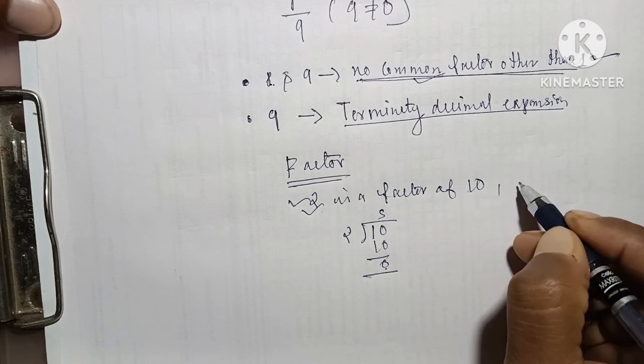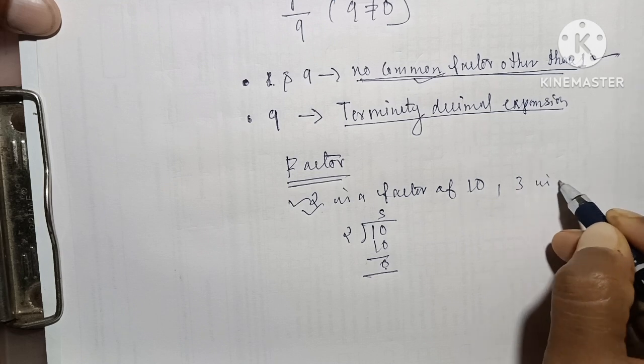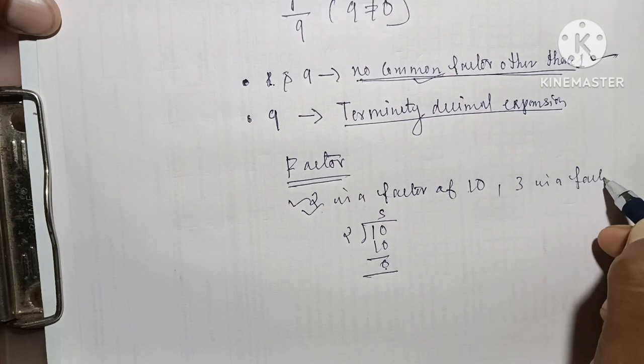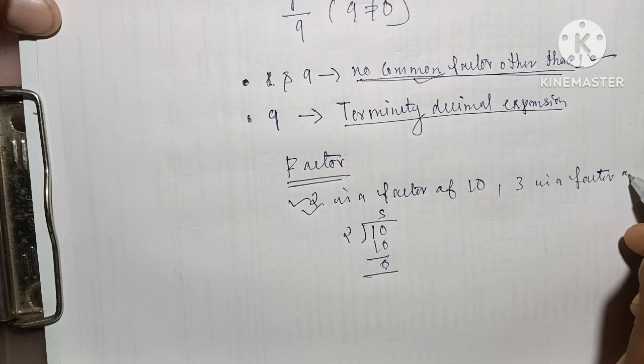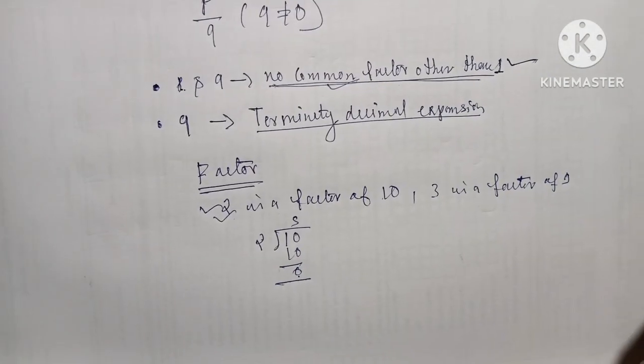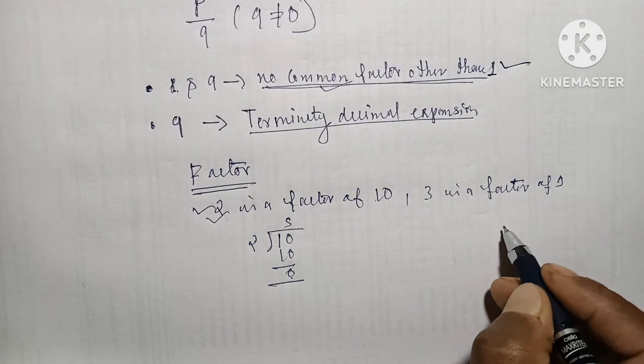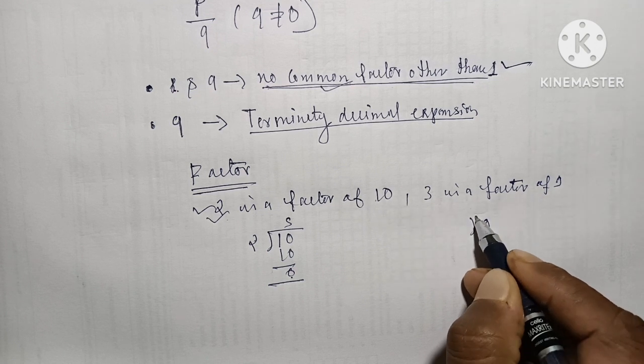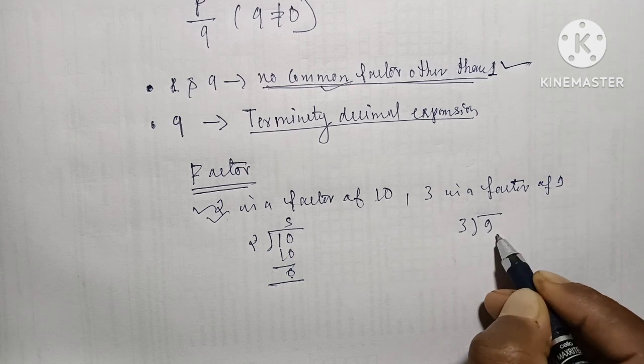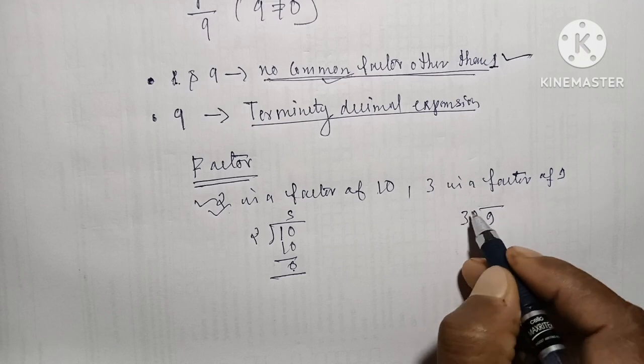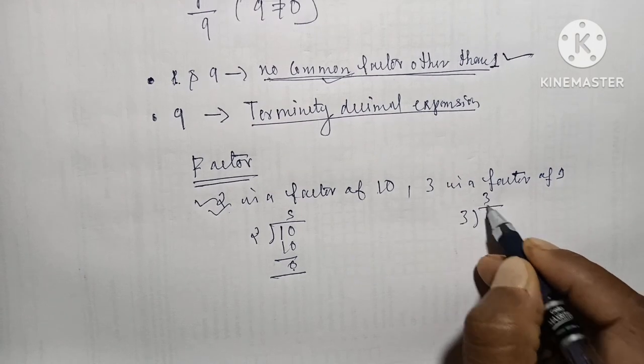In this way, 3 is a factor of 9. 3 is a factor of 9 means 3 can divide 9 completely with remainder 0. Let's see, 3 threes are 9.